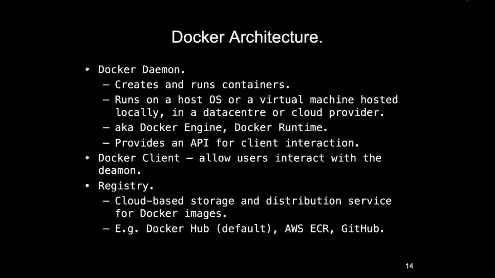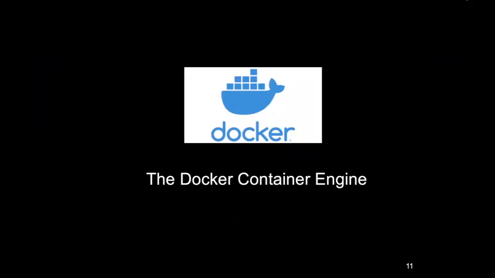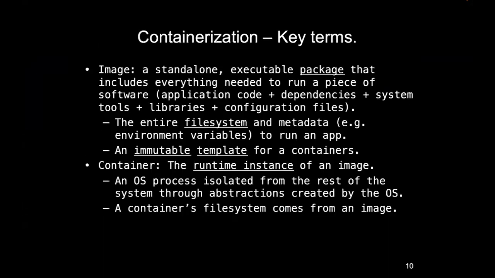So, back to basics. What we know about Docker in general is that there are these two concepts, an image and a container. An image is a packaged version of your application, whatever it is. Within that package is your application code, any third-party dependencies that it relies on, any configuration files, any operating system utilities and libraries.